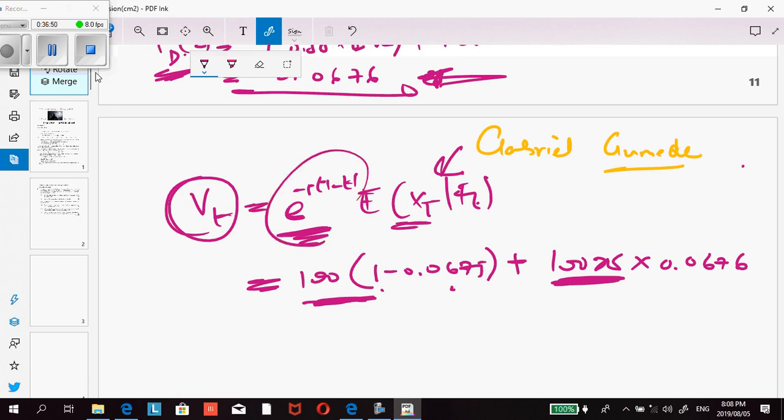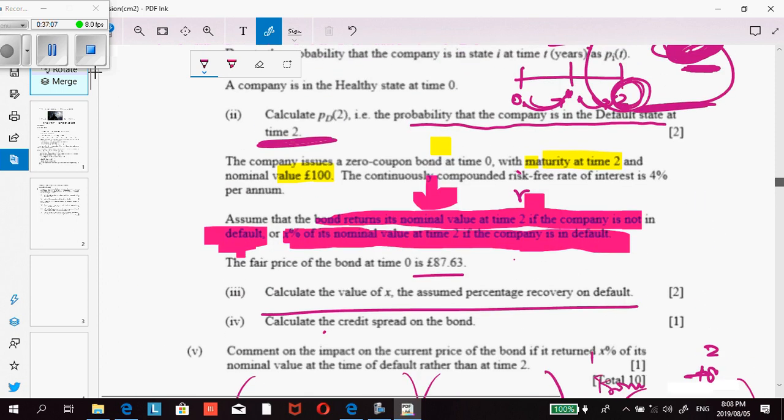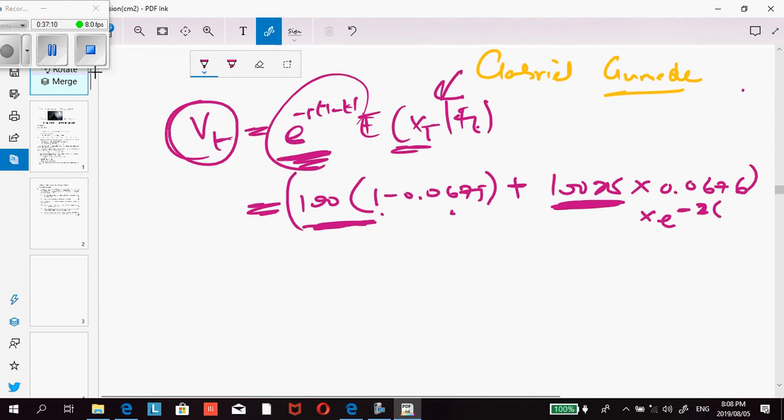Okay, don't forget to discount this. So I'm going to multiply this by e to the power minus 2, this is for 2 years, times your risk-free rate. The examiner told me that my risk-free rate is 4%. So I'm going to have 4% here. This will give me the price at time 0, which the examiner told me is 87.63.